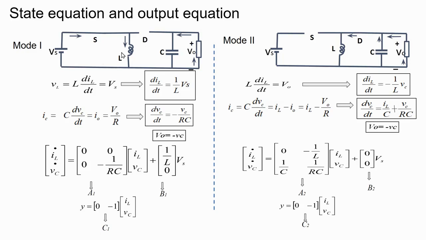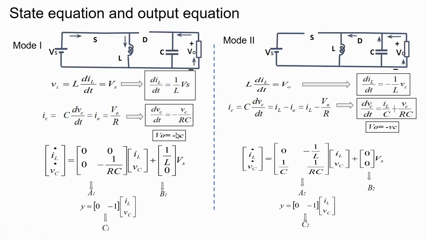Writing the voltage and the current equation of the inductor, we get VL equal to L into dIL by dt equal to Vs by applying KVL here, from which we can write dIL by dt equal to 1 by L into Vs. And similarly, the current flowing through the capacitor can be written as IC equal to C into dVC by dt equal to I naught, where I naught is nothing but V naught by R. Substituting V naught equal to minus Vc, we get dVc by dt equal to minus Vc by RC. And these two are nothing but the state equations which can be written in the matrix form to get the state equation during mode 1.